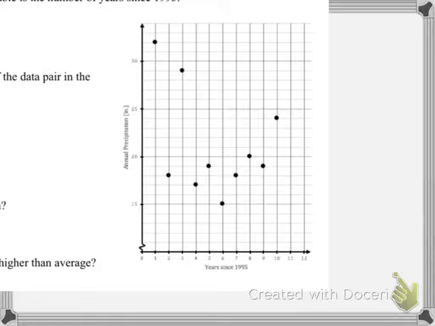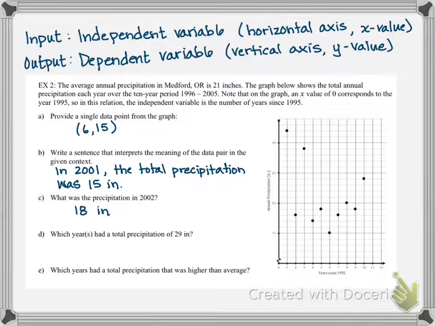I think you're looking at the right place, but it's kind of hard to follow a graph when you can't draw on it. So this is an X value of 3, which would be what year? 98, yeah. So 1998.